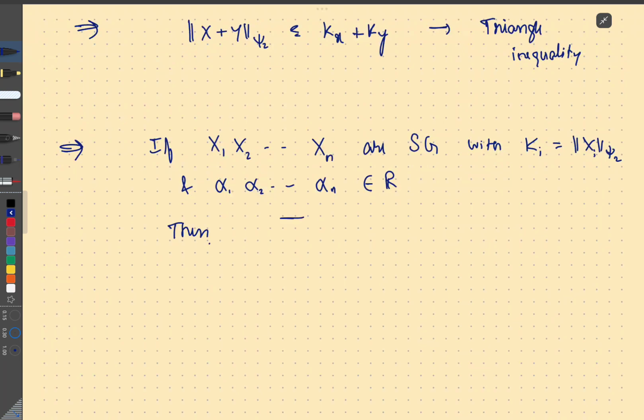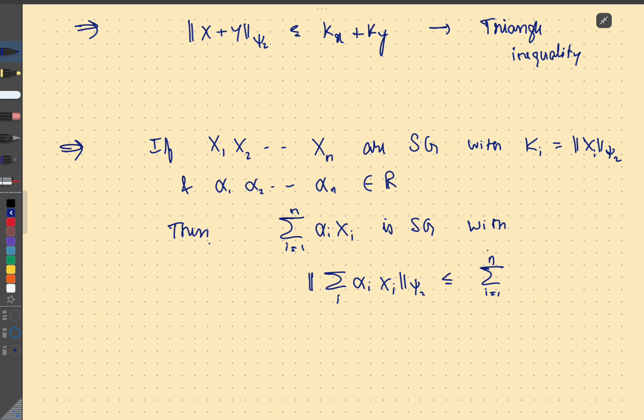Then this linear combination, summation over i of alpha i xi, is also Subgaussian with the Subgaussian norm less than or equal to summation mod alpha i times the Subgaussian norm of xi. This is K.